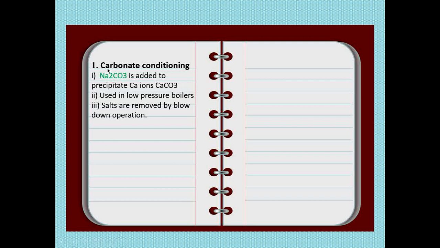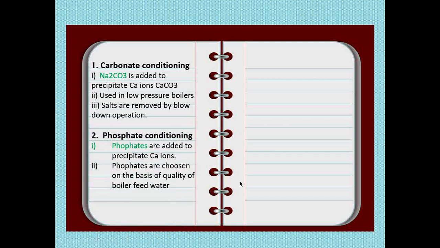We add sodium carbonate, which will precipitate this calcium ion, and hence the calcium and carbonate get separated. Used in a low pressure boiler. Again, in this, salts are removed by blow down operation.